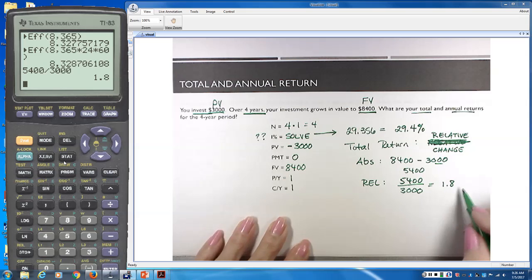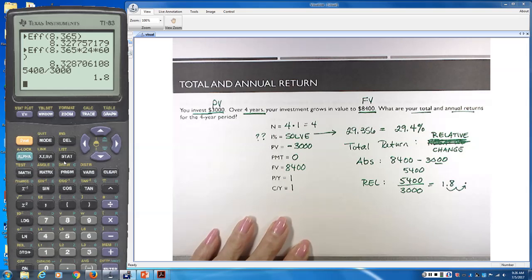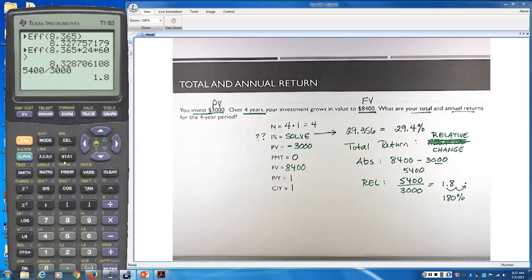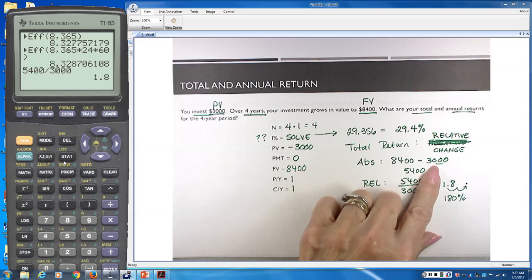Okay, that is a decimal. So you still have to change it to a percent by moving the decimal 2 places to the right. So that's 180%. So your relative change is 180%, which makes sense because that's a lot of gain. You gain more than you actually started with. Okay?